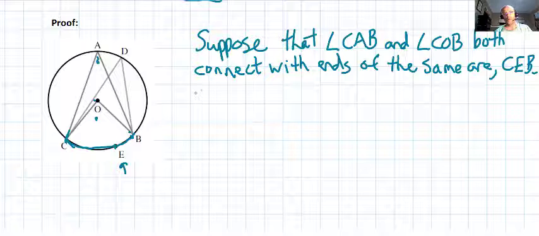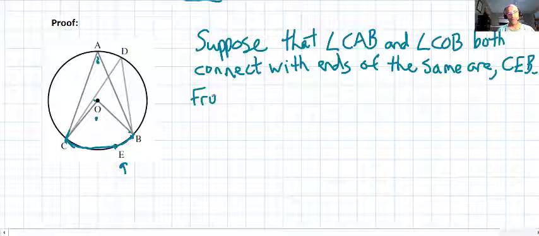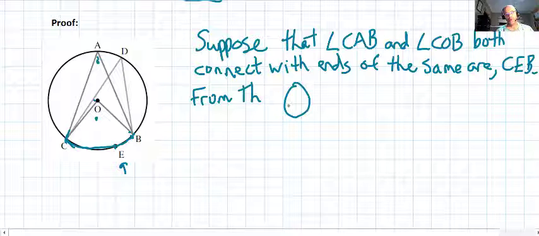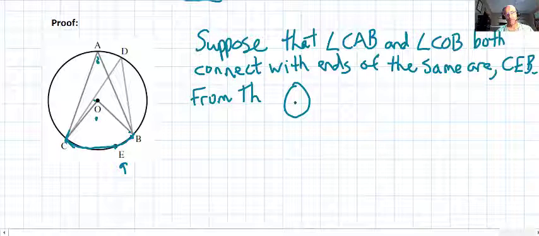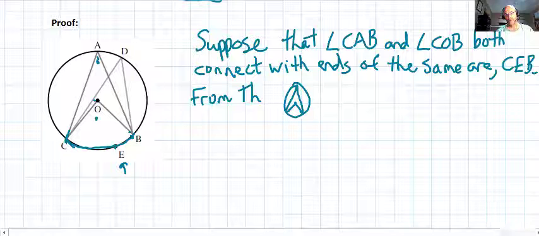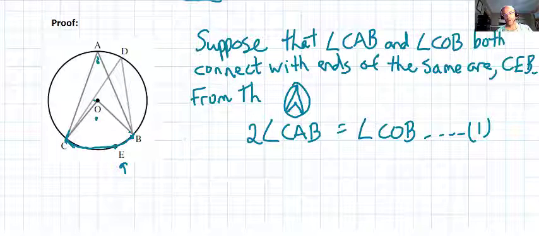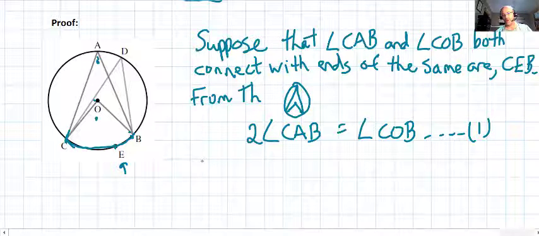Now, from Theorem 1, from just before, two times angle CAB matches COB from the theorem we just did, number 1. Okay, we'll call that statement 1.